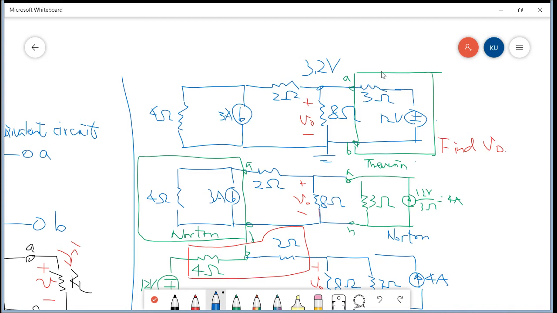So as long as we know the current going through this one and this one, then the current going through this 2 ohm resistor is just to add them together. Then you know the current going through this 2 ohm resistor, then you can calculate the node voltage here by 3.2 volt minus the current multiplied by 2. And actually you can solve the whole circuit.